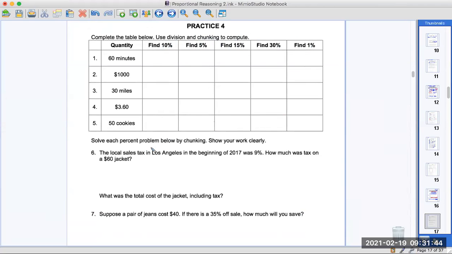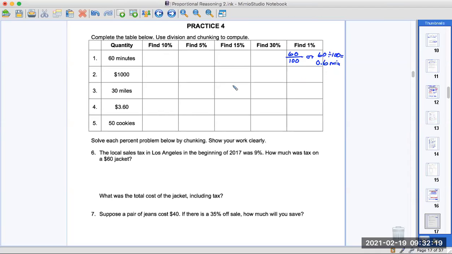So I'm going to put that in here, 60 divided by 100 equals, use your calculator, I believe it's 0.6. So 1% of 60 minutes is not even a whole minute. It's 0.6 of a minute, okay?